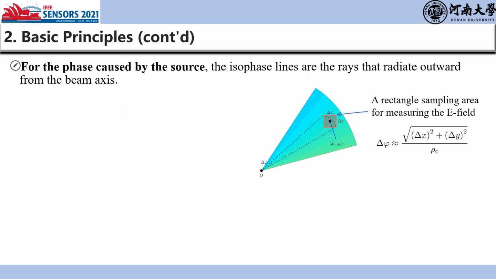For the phase caused by the source, the isophase lines are rays that radiate outward from the beam axis, as shown in the right figure. Now we select a rectangular sampling area for measuring the E field.